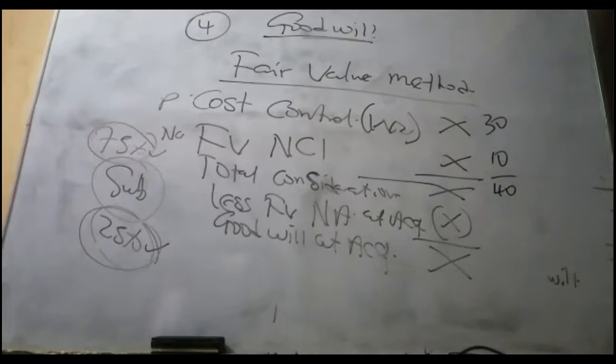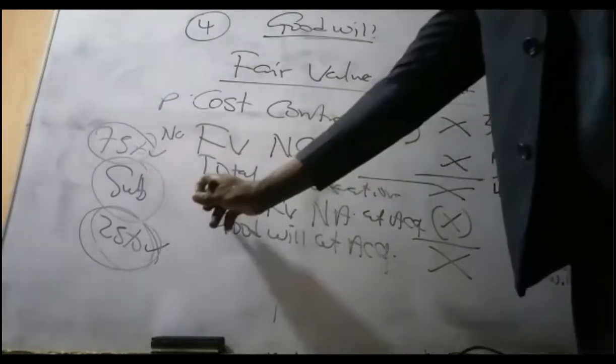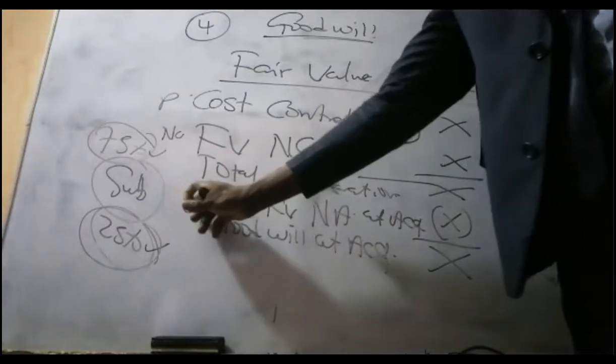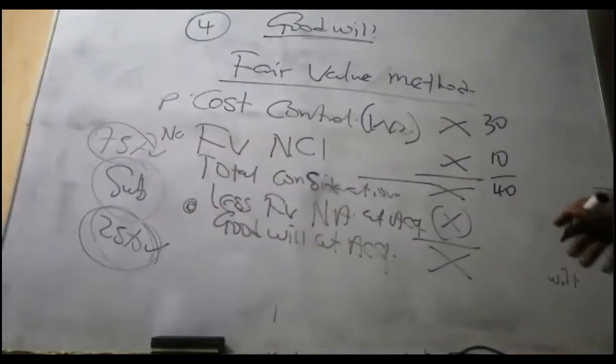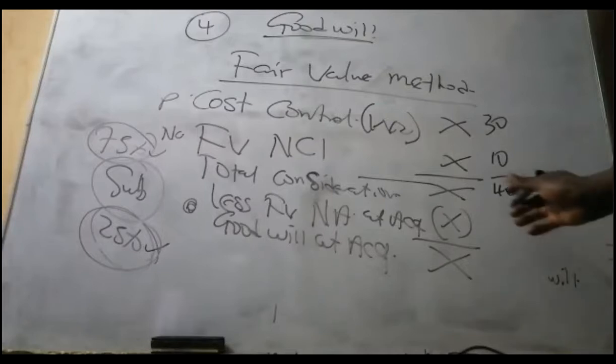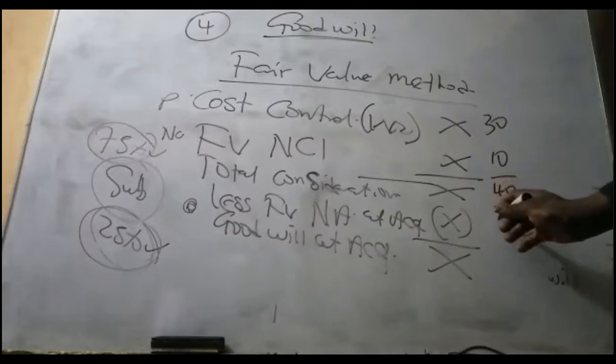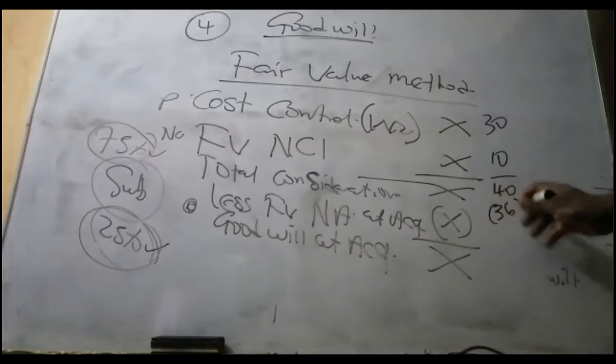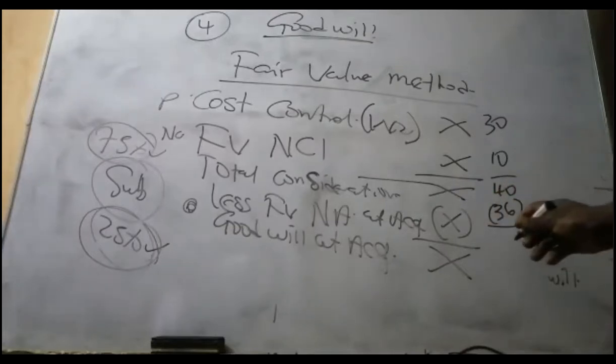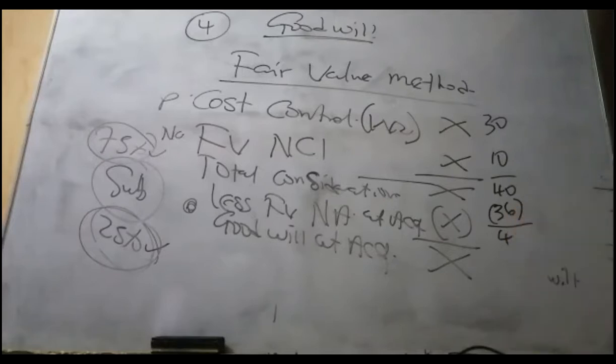How much was that company's net asset? Their net asset, which comes from workings number 3, net asset at acquisition, maybe is around 36,000. So that means we paid an excess of 4 Ghana cedis. So that 4 cedis becomes goodwill at acquisition.